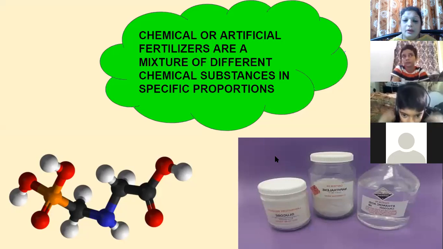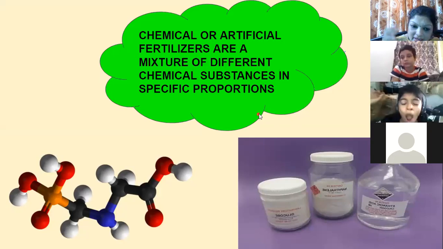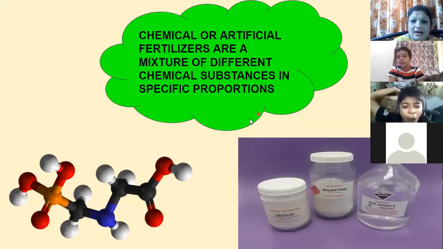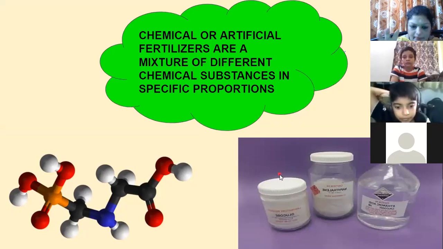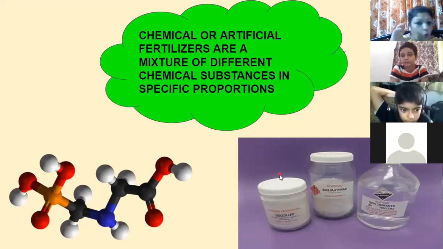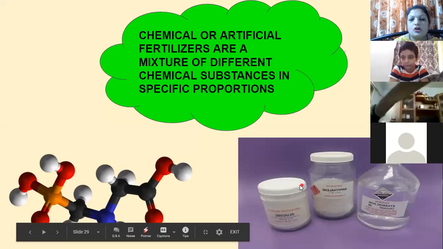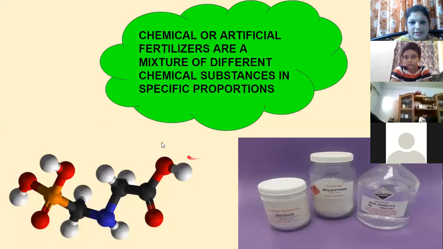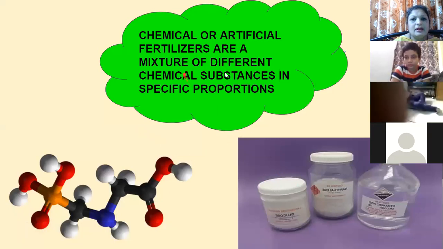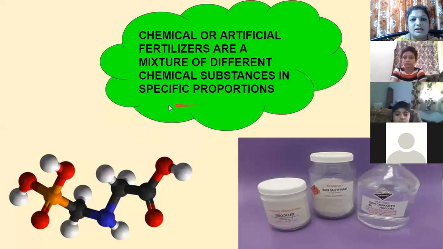Similarly, when chemical fertilizers are used, the chemicals in them are in a specific proportion. What will happen if the chemicals are not in specific proportion? It will damage the crops. So whenever you are using chemical fertilizers, the mixture of different substances is in specific proportion.